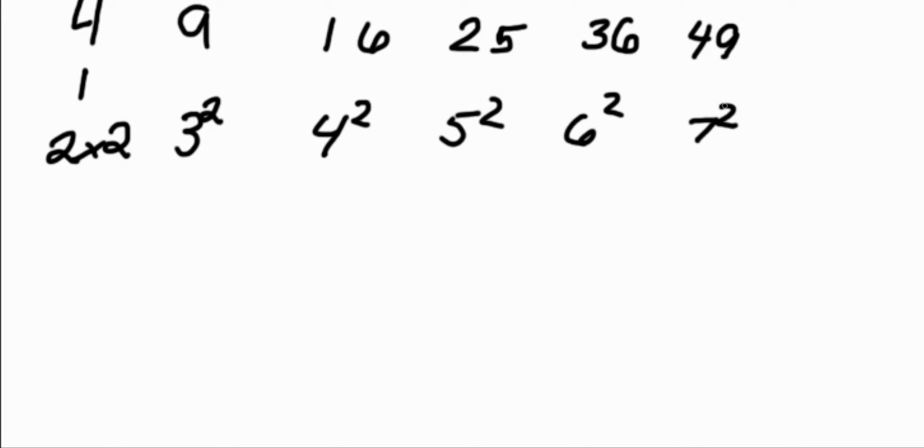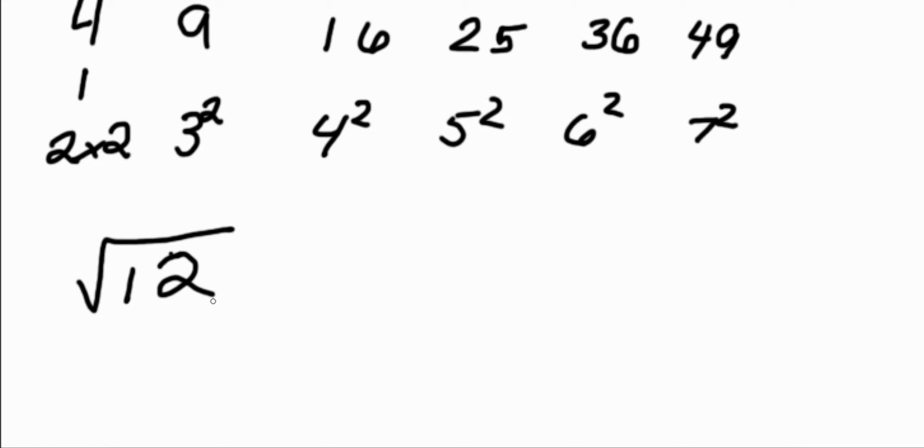When we're reducing radicals, we want to look at the radicals. Say we start with radical 12. We want to look at this number 12 and say, do we have any of these perfect squares? So these 4, 9, 16, 25, 36, 49. Do we have any of these in this number 12?